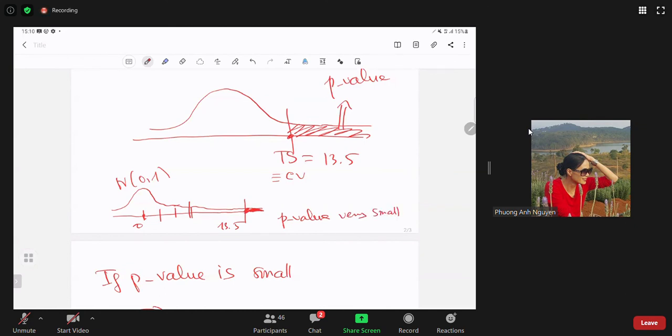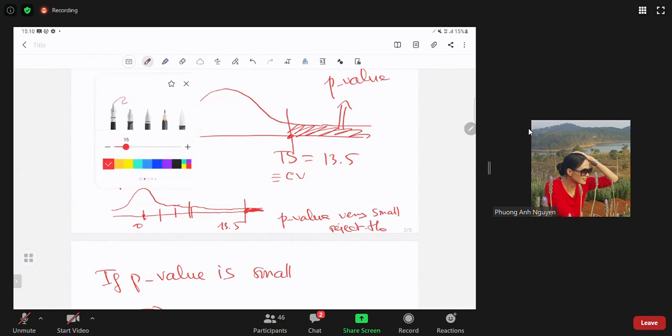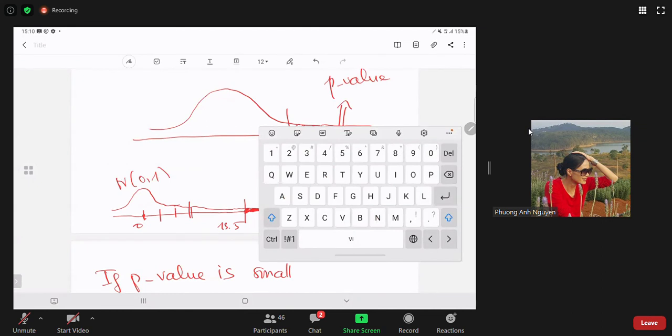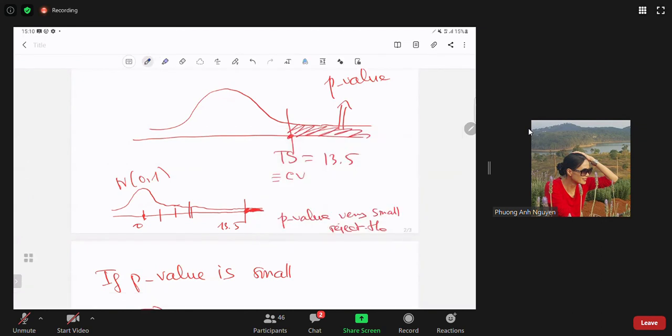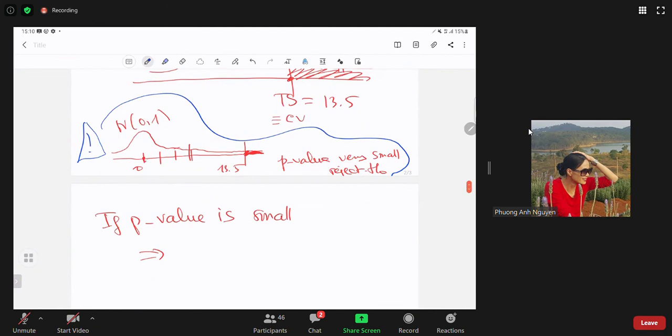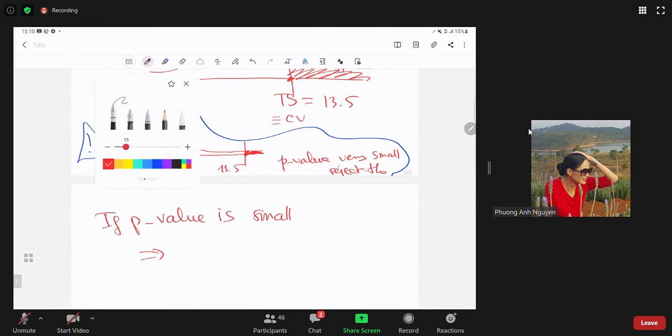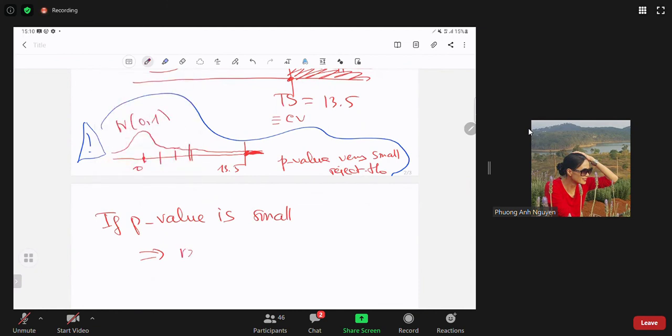In my example, remember that I reject H0, supporting the fact that if the p-value is small, we rather reject H0.